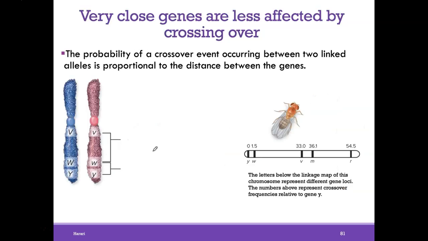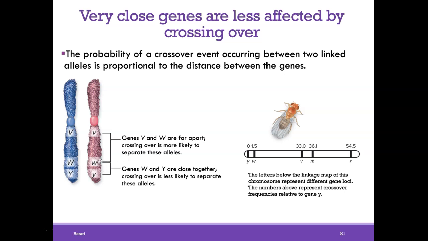Not very likely. The probability of a crossover event between two linked genes is proportional to the distance between the genes. Basically, the farther apart two genes are, the more likely crossing over is to separate them. These two genes, W and Y, are so close together. Therefore, when W is inherited, Y is also likely inherited together as two linked genes.